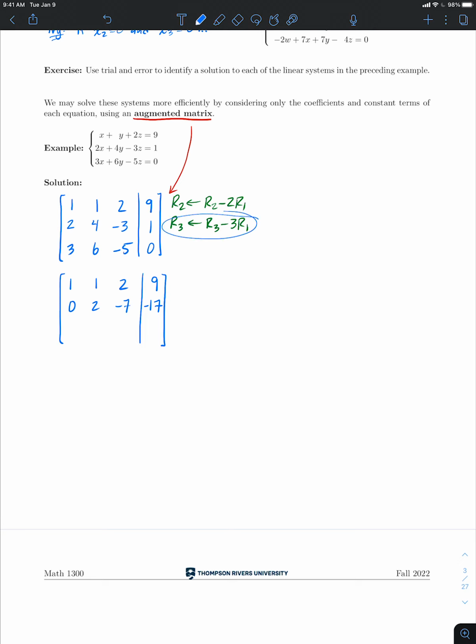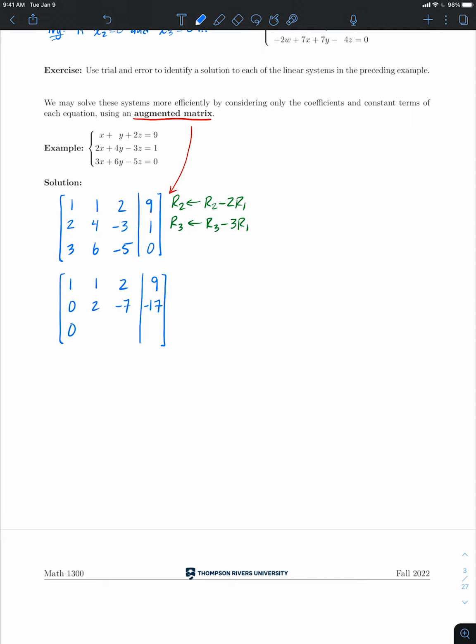Now we're going to perform this row operation. We're going to take row 1 and subtract it from row 3, 3 times. What happens in the first column? We've got 3 minus 1, 3 times. So you have 3 minus 3, which is 0. For the second entry, we're going to have 6 minus 3 times 1.